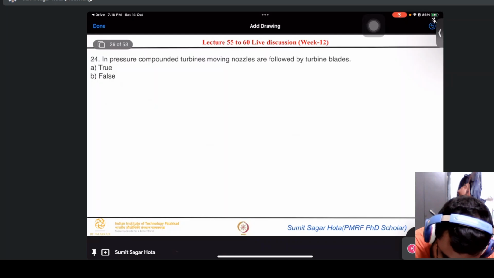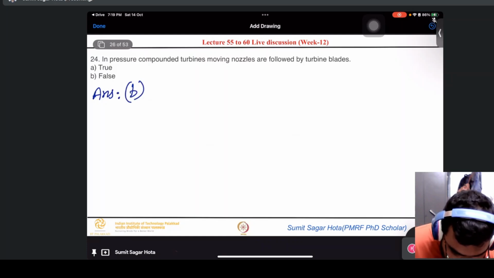In pressure compounded turbines, moving nozzles are followed by turbine blades. Okay, this is an absolutely wrong statement. There is always a fixed one first, then there will be moving.